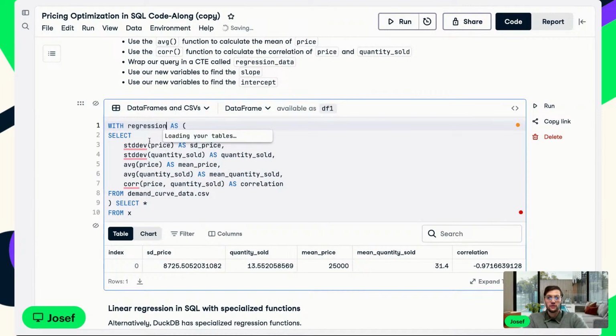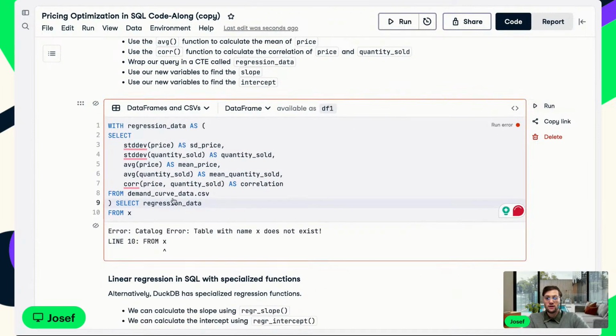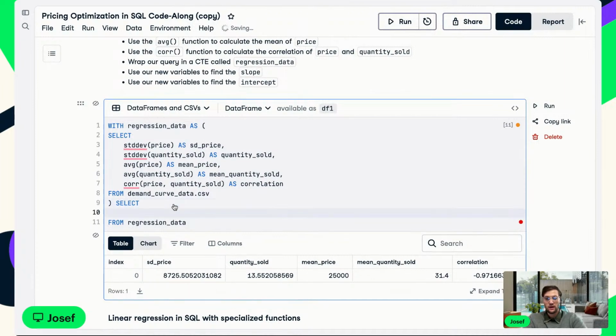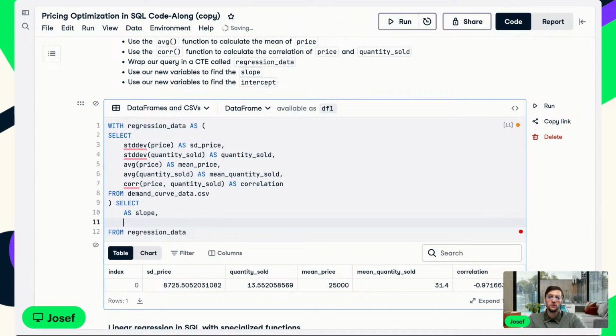Let's name x something more interesting like regression data. Oh, sorry, pasted that in the wrong place. Select star from regression data. And now what I really want to do is come up with something for the slope and for the intercept. So what is that something I'm going to come up with?